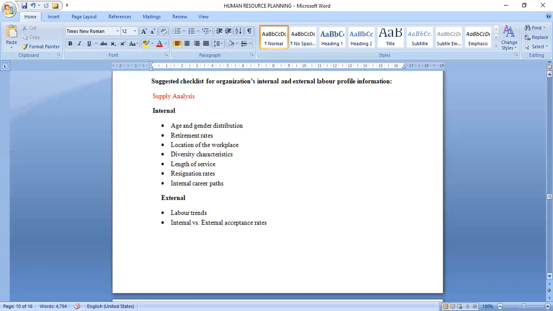Train them, what you call capacity building. Train them to acquire more skills in that career, such that you grow their career, and at the end of the day, you will not really suffer a lot, because you have planned ahead of time.